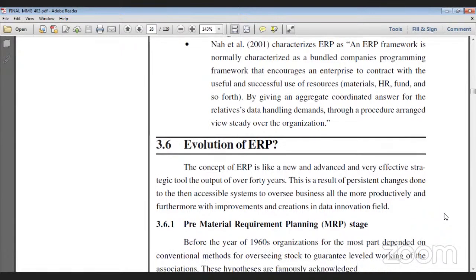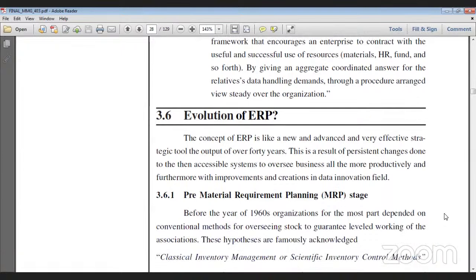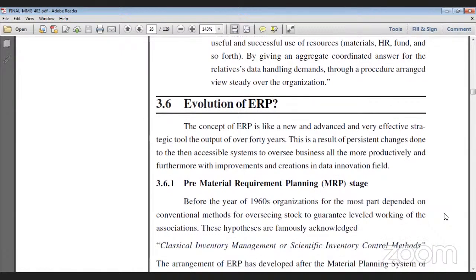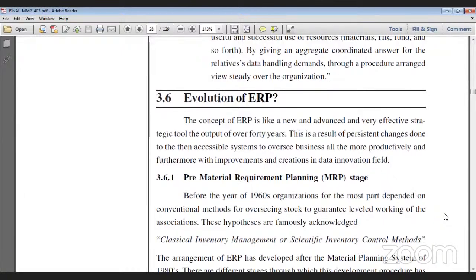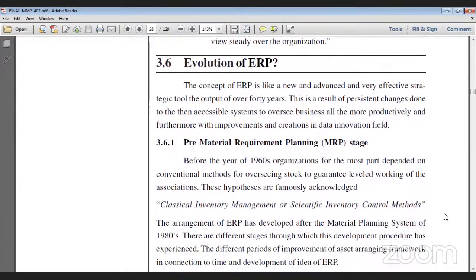Before the 1960s, organizations for the most part depended on conventional methods of managing stock to guarantee smooth working of the organization. These theories are famously known as classical inventory management or scientific inventory control methods. The ERP base developed on the material planning system.